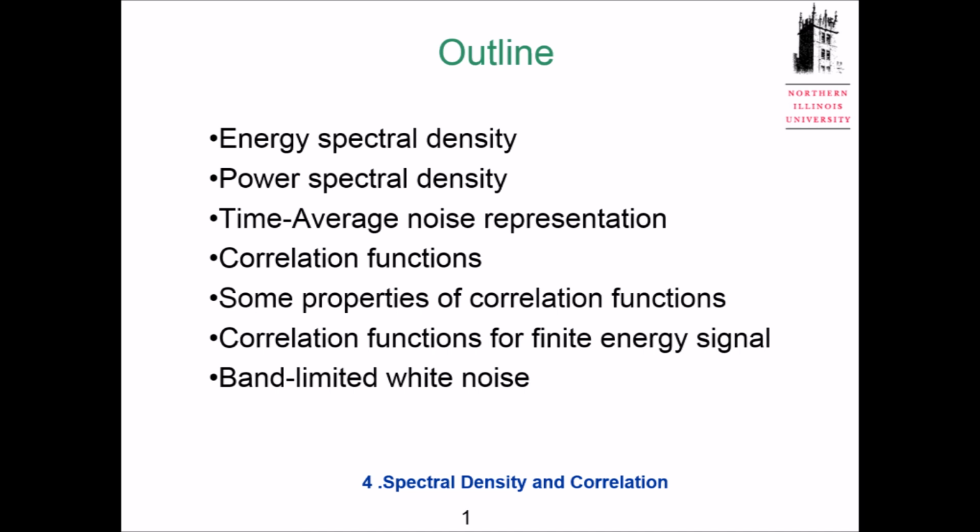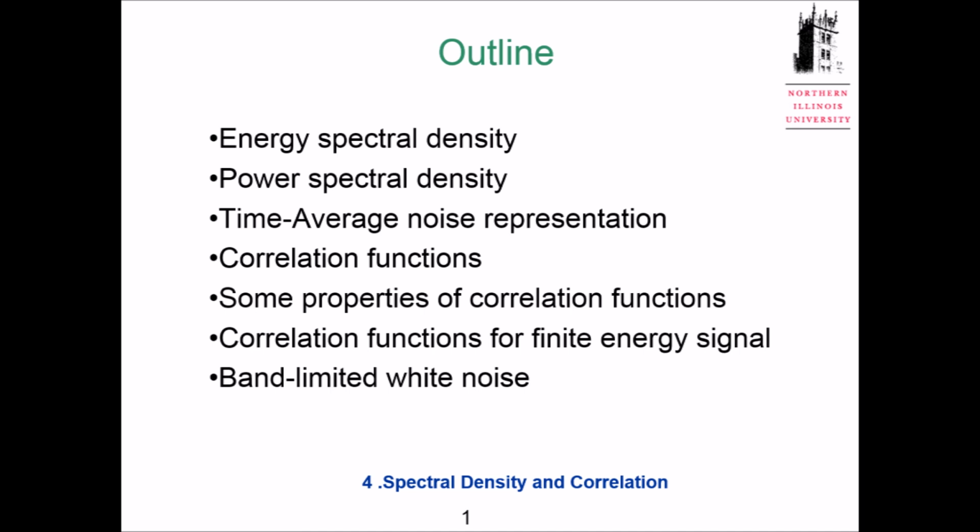Then we go to a special signal, noise again. We're going to talk about band limited white noise. What is white noise? What is the bandwidth for this kind of noise? Those are the things we are going to cover. Generally, two things: density and correlation.